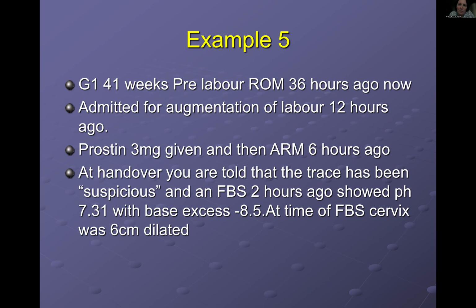Then they augmented her. So she has been in labor for quite some time. It's true she's a primip, but she's been augmented already for 12 hours. She started off by having had a prostaglandin, then there was a rupture of membranes.